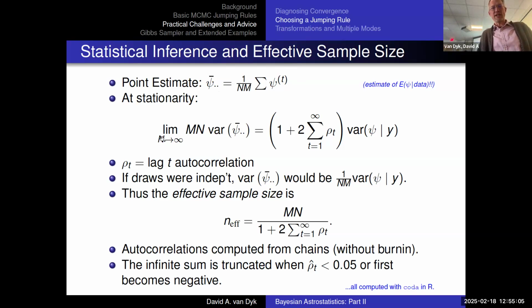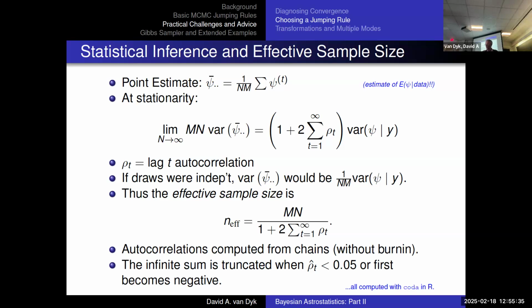At stationarity, one thing I would like to know is how much Monte Carlo variability is there in this estimate? Maybe it's easier to look at this first. If I had independent draws, the variance of the average would go down with the sample size: because I have 5,000 draws, it would be the posterior variance divided by 5,000.